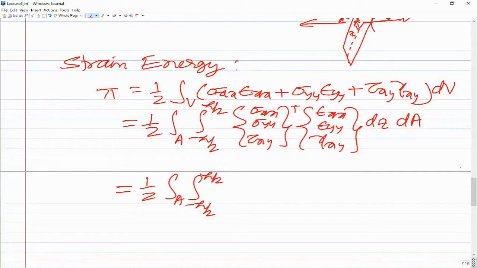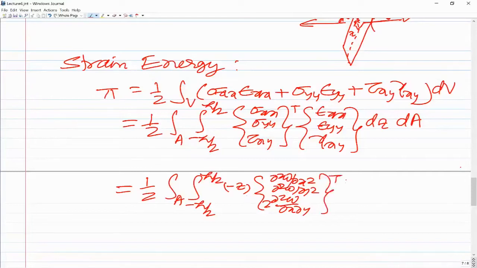The strain is nothing but minus z into del 2 w by del x square, del 2 w by del y square, and twice del 2 w by del x del y. In between you will have its transpose, of course, because it is epsilon transpose. The z scalar is taken out, and this is written as transpose. We are just putting the values of epsilon xx, epsilon yy, and gamma xy in terms of derivatives of w.